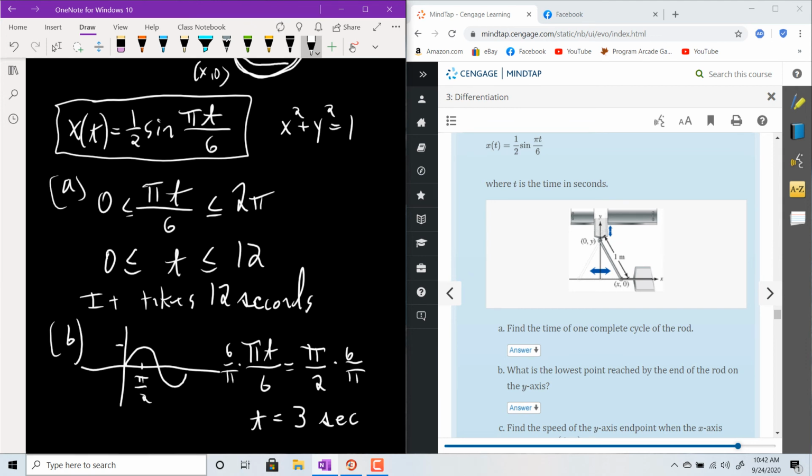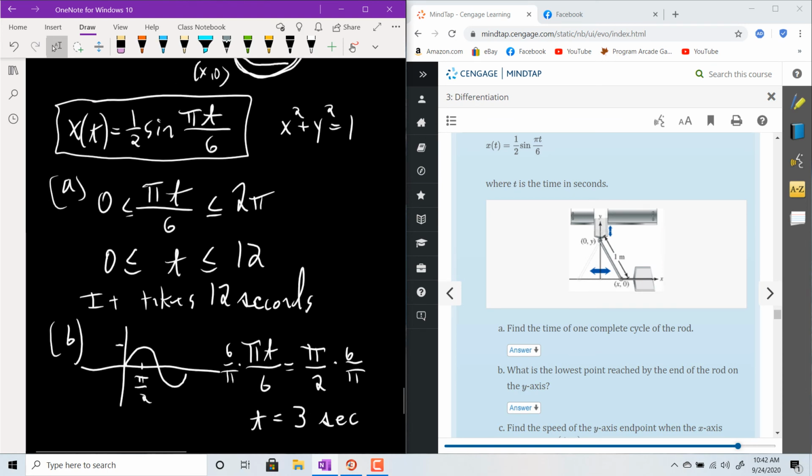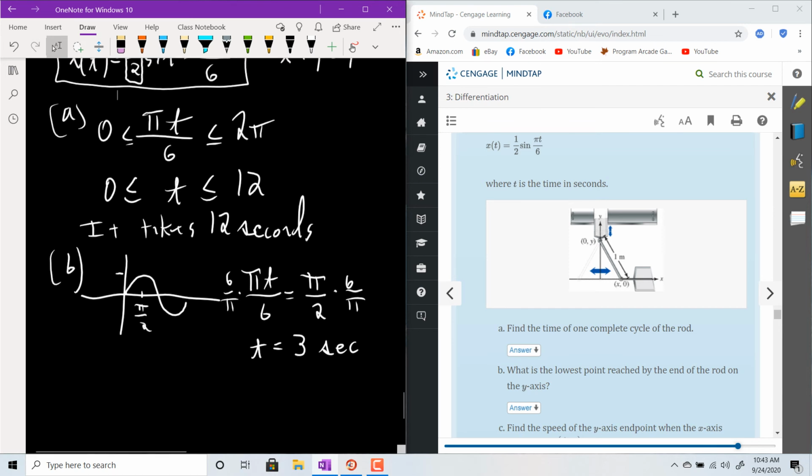That'll allow you to solve for the x value, which will just be clearly 1/2. That's just the amplitude here, so you could have just said it's 1/2 automatically. So the maximum x value is 1/2.